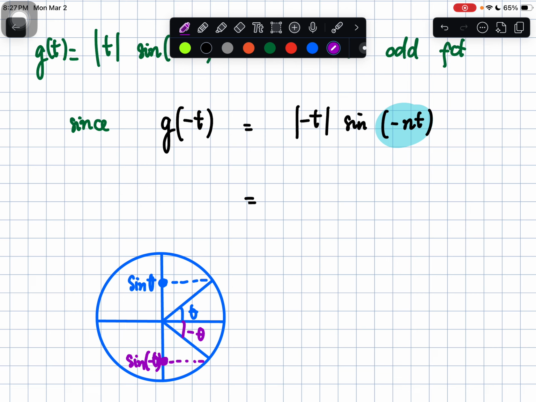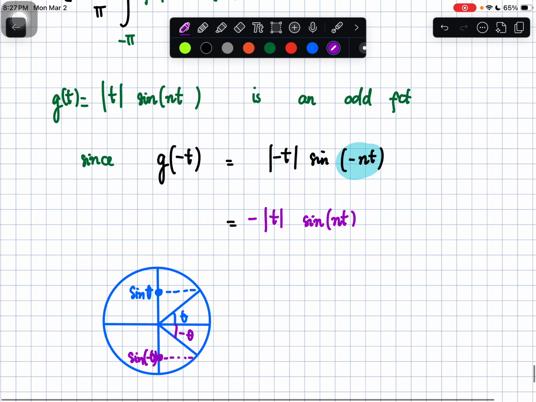So absolute of t is the same as absolute value of minus t, equal to absolute value of t times sine of minus nt, which is minus sine of nt, and this is minus gt.